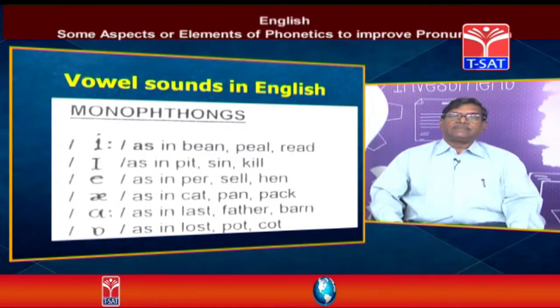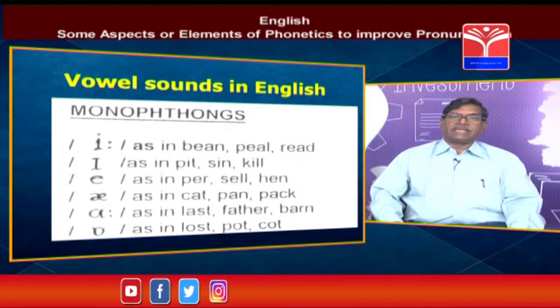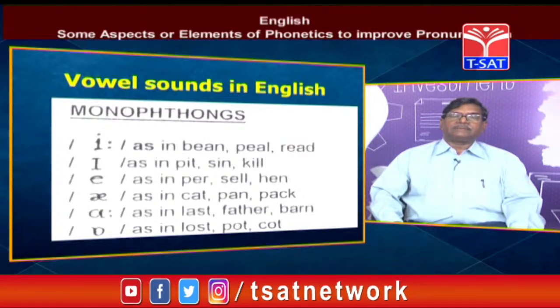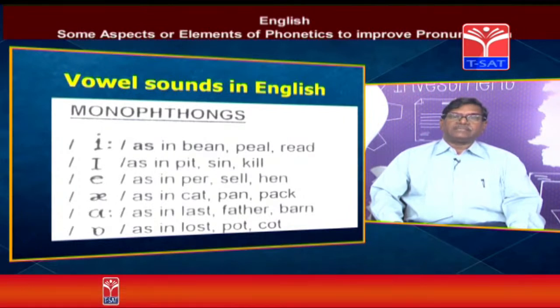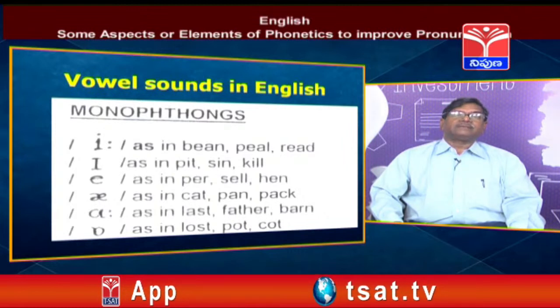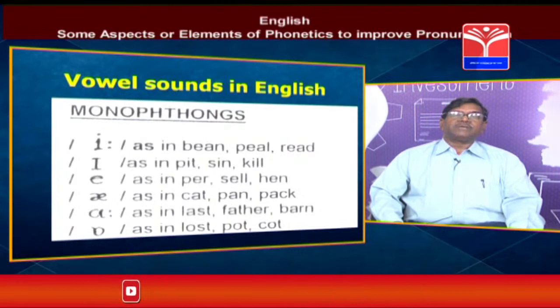And then A, as in pear, cell, hen. So, in these words the vowel sound is A. The A sound is represented by that particular symbol which we can see there.